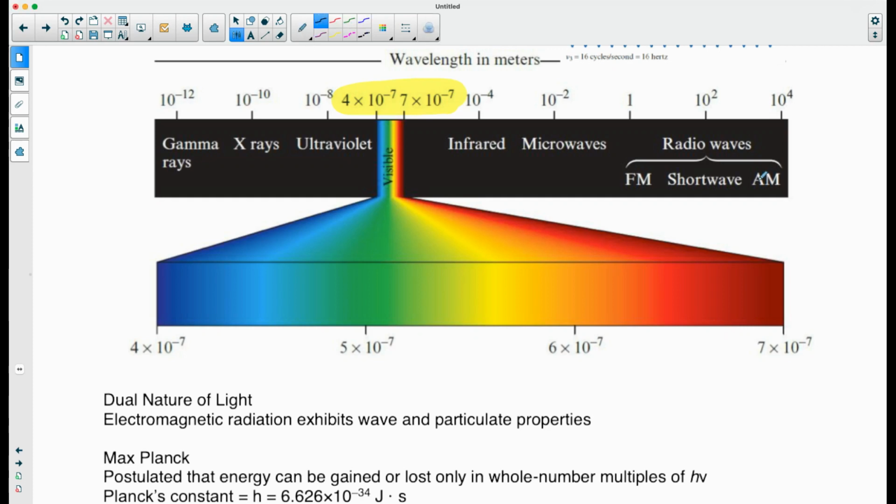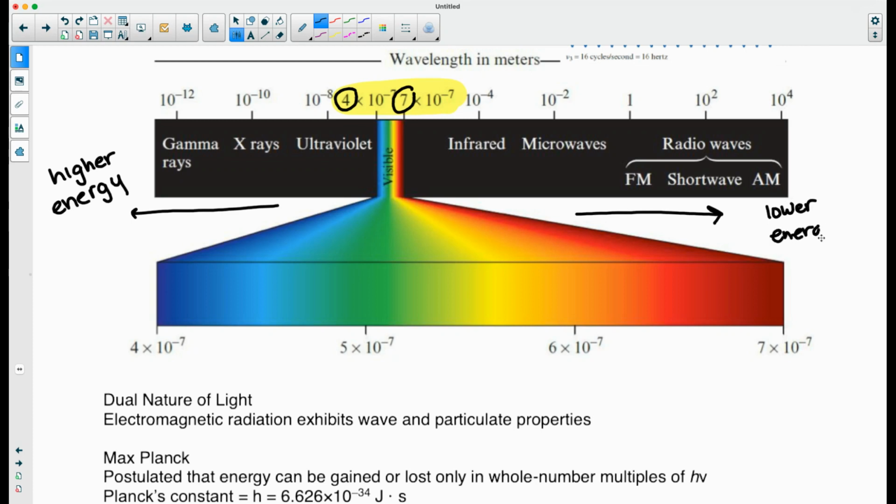Around 700 would be closer to the red, and 400 would be closer to the violet. Here, gamma is on the higher energy side, and red, which goes all the way down to infrared, microwaves, radio waves, FM, and AM, we are on the lower energy side.